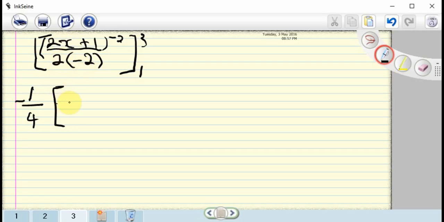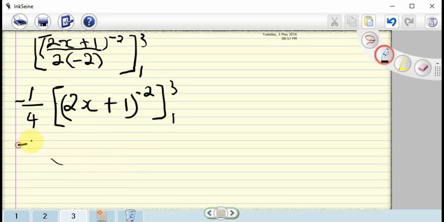Then we're left with negative 1/4 times (2x plus 1) to the negative 2 power, and again we're evaluating from bounds 1 to 3.